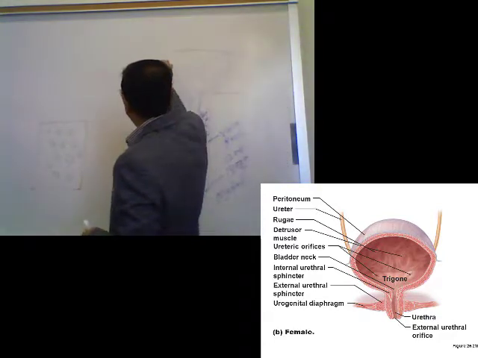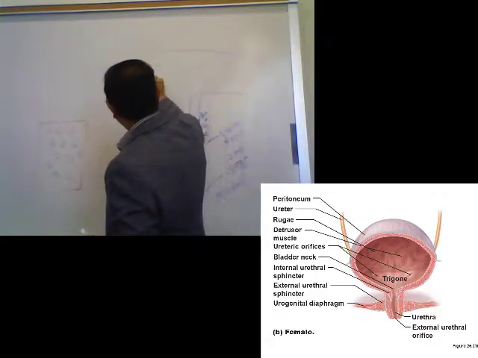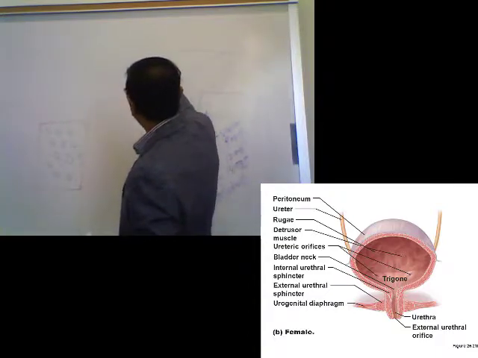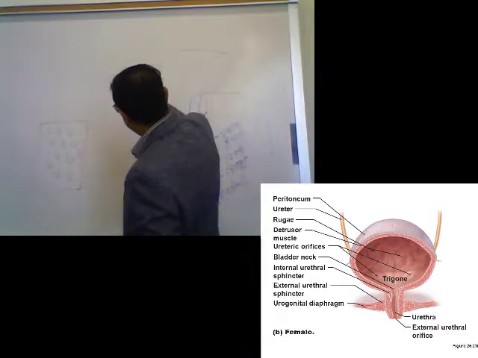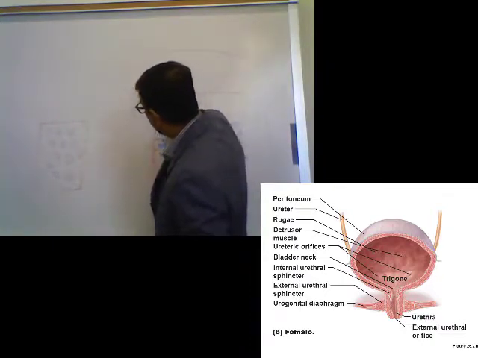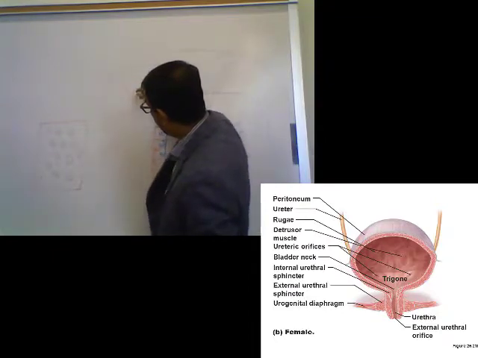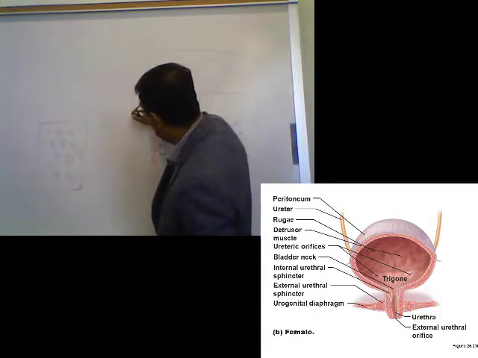So if this is the urinary bladder, and this is the urethra, this part is a funnel-shaped area here above the urethral opening. This is the opening for the urethra. Urine gets out this way.